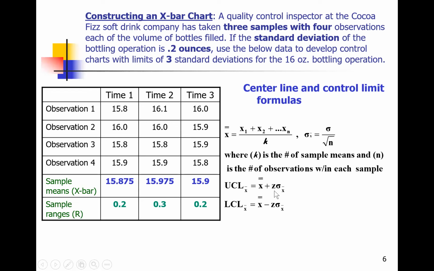So the upper control limit is plus and the lower control limit is minus. Like the students, if the average age of the student is 21, this is plus 3, and this is minus 3. But here we use the Z value. Z value here is the 3 standard deviations.